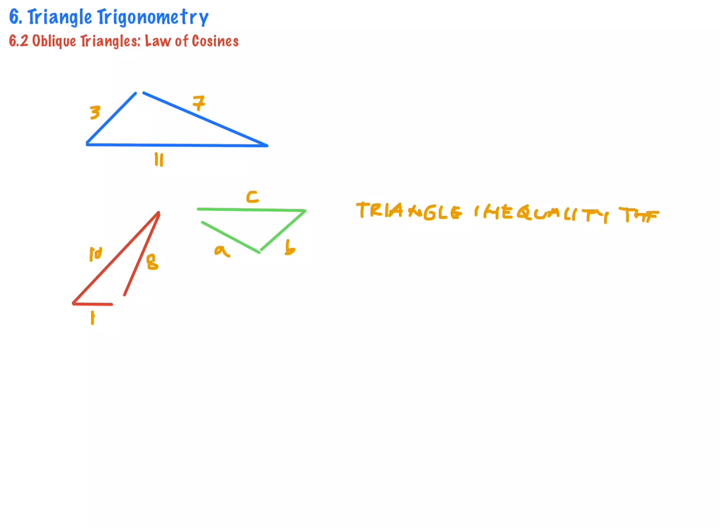It states that the sum of two sides is supposed to be greater than the third side. So A plus B is supposed to be greater than C in order to make a triangle, or A plus C is supposed to be greater than B, or B plus C is supposed to be greater than A. If you follow this rule, then you can find a configuration of a triangle.